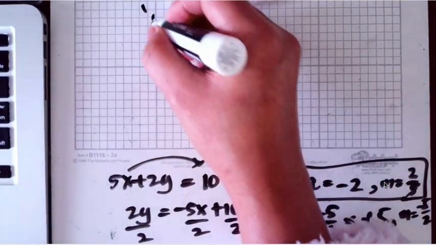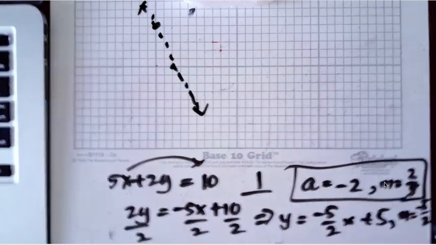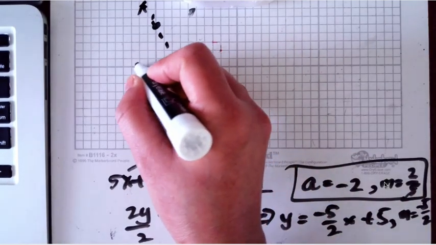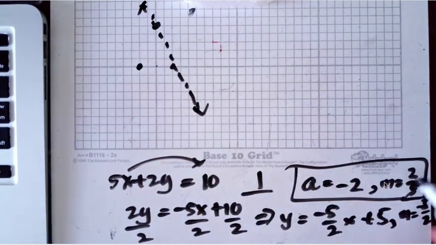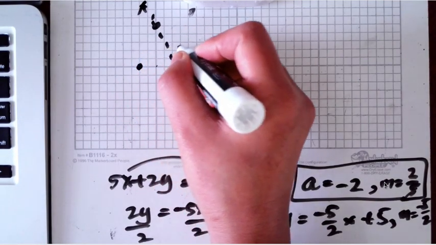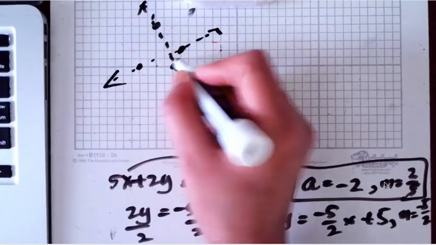So this is the line that we are looking for, and we're trying to find the equation whose x-intercept is -2. From that you go up by 2 and then go to the right by 5. So these are supposed to be perpendicular with each other.